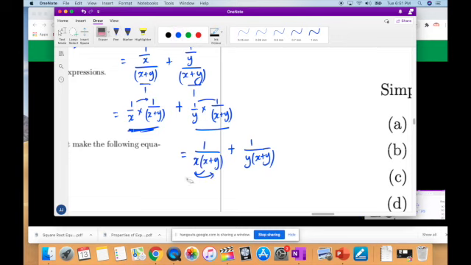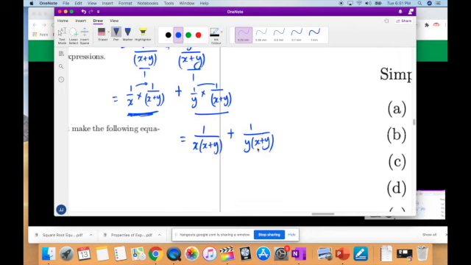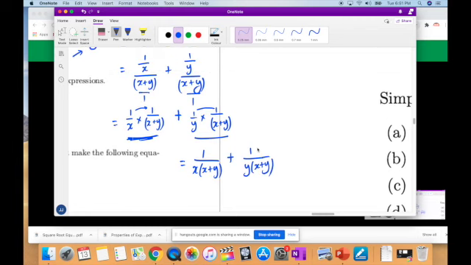Alright, but no, I'm not going to multiply the brackets, because that's going to make things more complicated. I don't want complicated. I want the simplest form. I would end up with x squared plus xy.